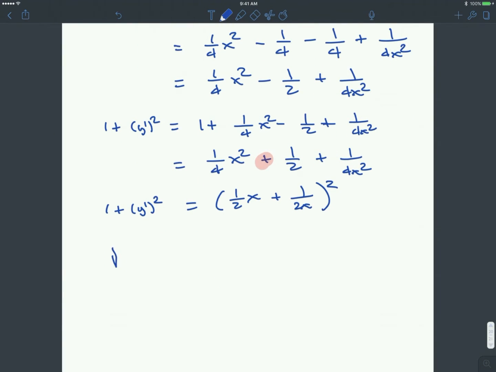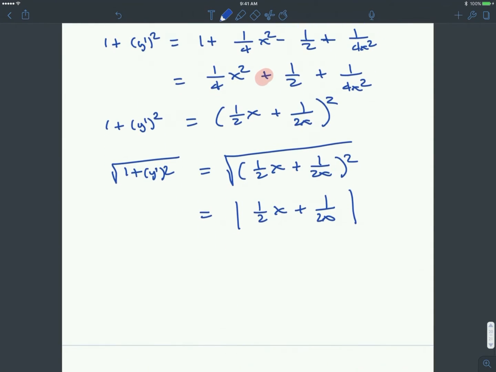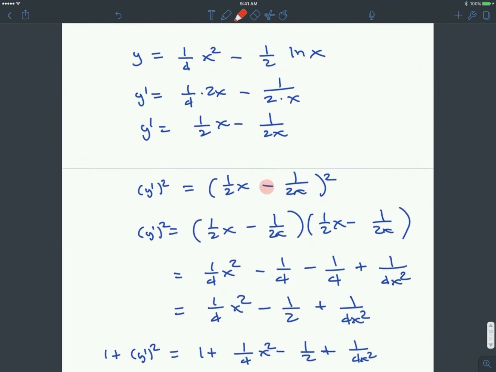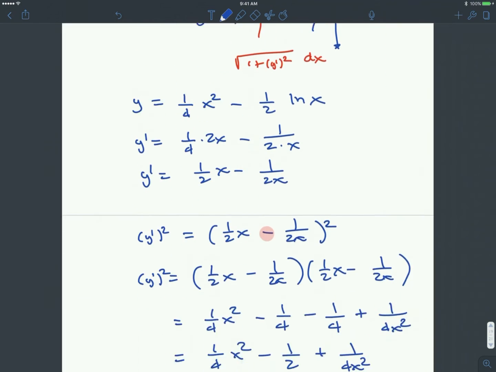So when you take the square root now of all of that, we get the absolute value. Now this, what's under the absolute value here, this whole thing is positive over the interval from 1 to 2 for those values of x.